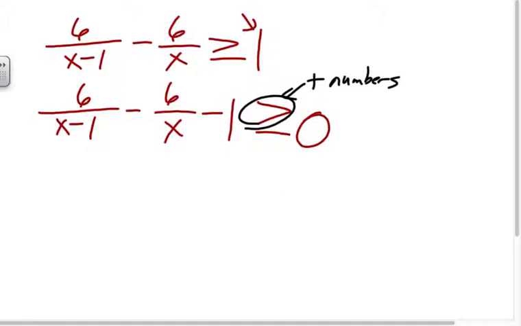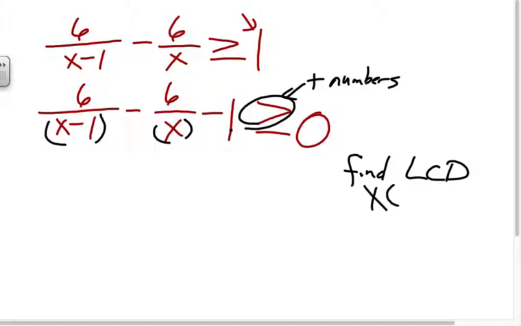Okay, so we've got this. Next thing we need to do is find your least common denominator. In this case, it's going to be this denominator times this denominator times this denominator, which is 1. So my LCD here is going to be x times x minus 1.